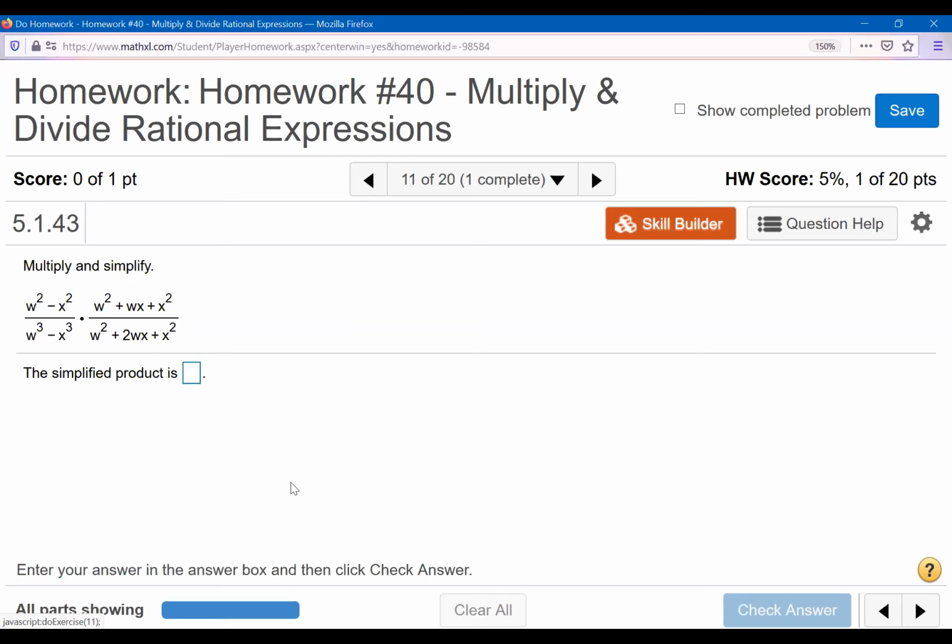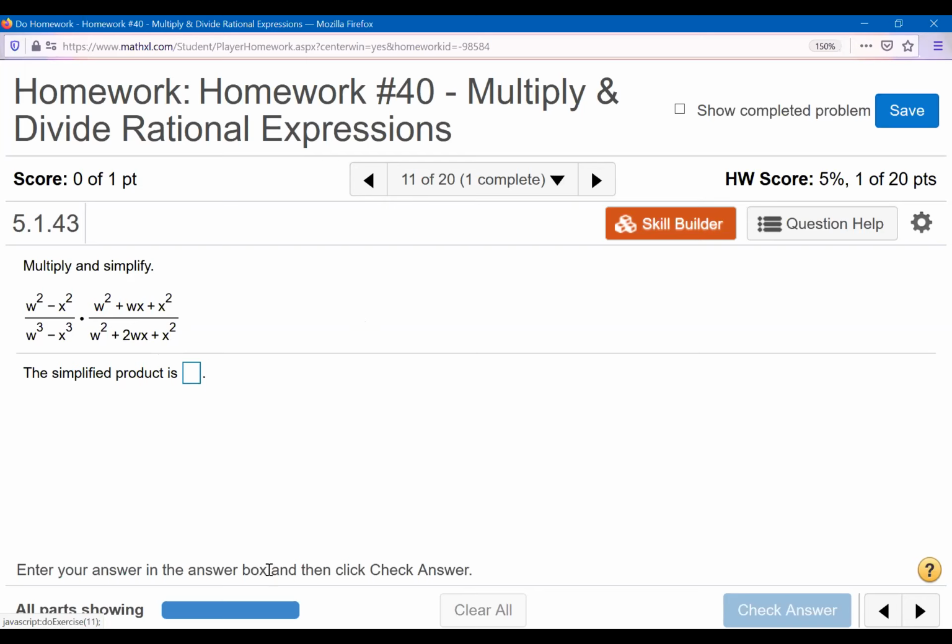Okay, so I think we've seen something similar to this in our last lesson, maybe, but all right, here's what we need to know. We're going to need the perfect squares formula, difference of squares, as well as difference of cubes. So let's factor each expression one at a time, if possible.